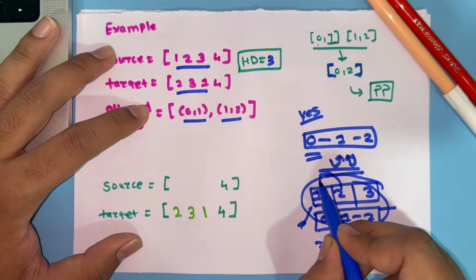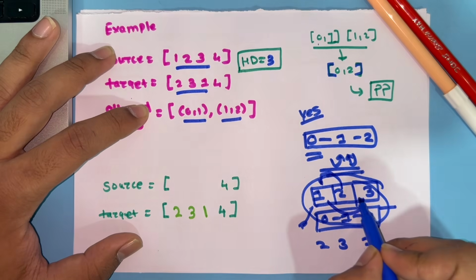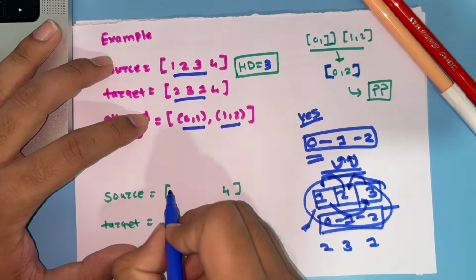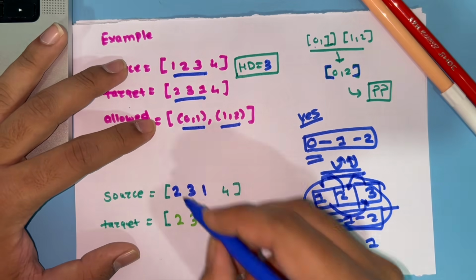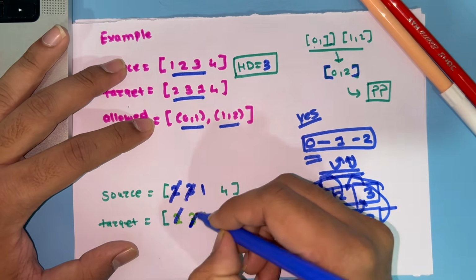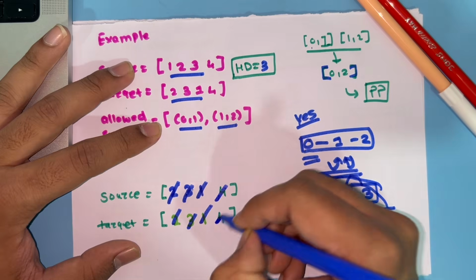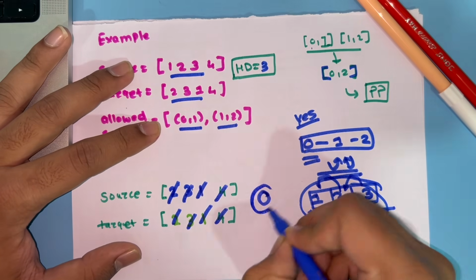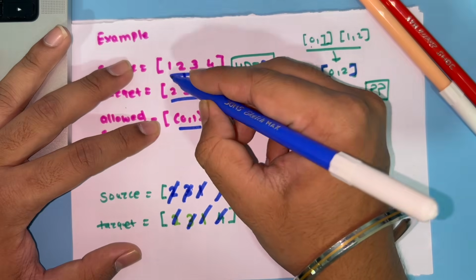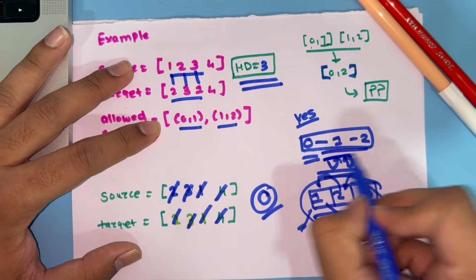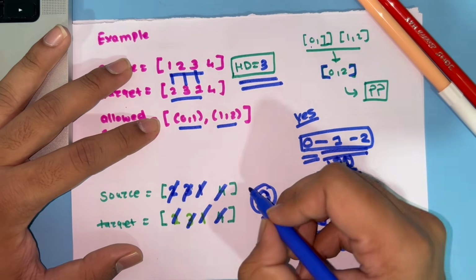Like 2 can be swapped to here, 1 can be taken here, and 3 can be taken here. So the final will be 2 3 1. Now if we calculate this Hamming distance, this will not contribute anything, this will not contribute anything, this will not contribute anything. So the Hamming distance will be 0. If you see, the initial Hamming distance was 3 because all the elements were differing. But because of this grouping, we have minimized this Hamming distance.